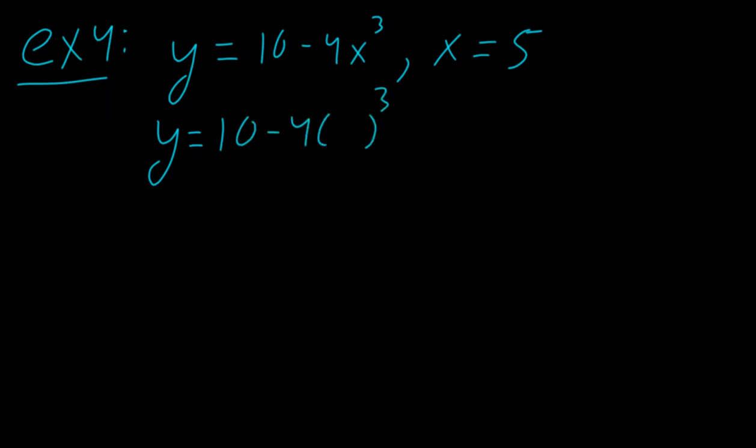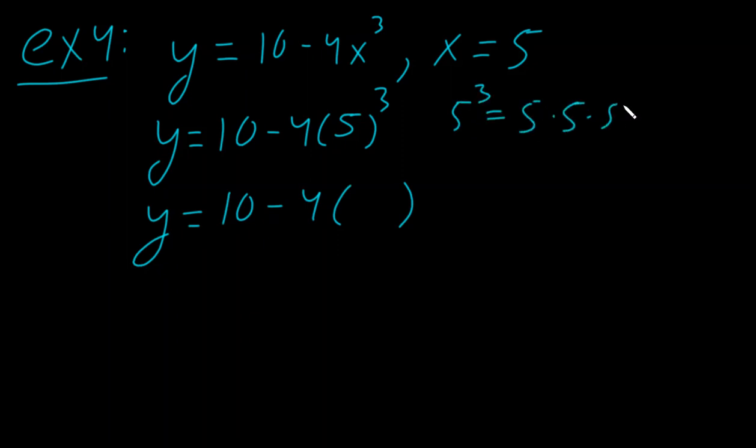Okay, so here we are, we're doing everything that we've been doing. I replaced my x with parentheses, I put in my 5, perfect, and let's check it out. We now have y equals 10 minus 4 times, well, recall 5 cubed is really 5 times 5 times 5, which is 25, remember 5 times 5 is 25, times 5, which is 125.